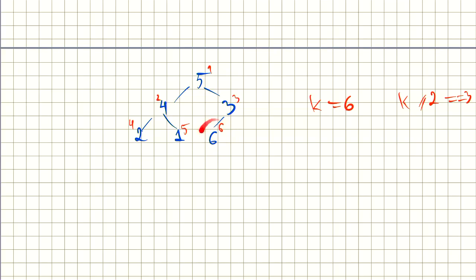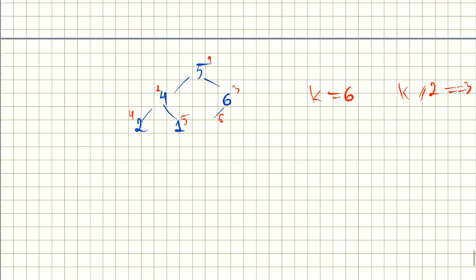So we are looking at this node and its parent with index 3, and we check whether the invariant is broken. So 3 is smaller than 6, so we need to swap these two. That's what we do. Let me just erase 3 and 6, and we put 6 here and 3 here. Now the invariant holds in this part.